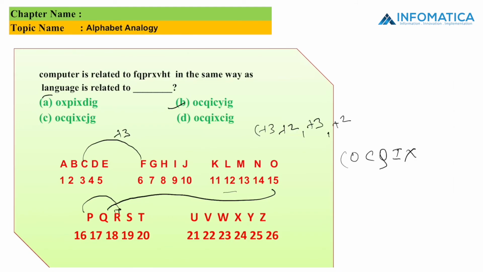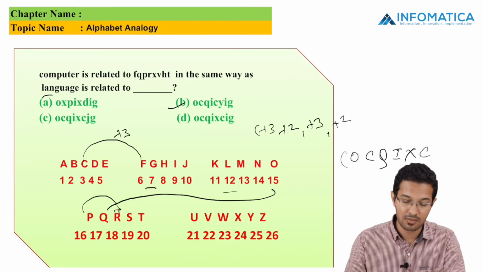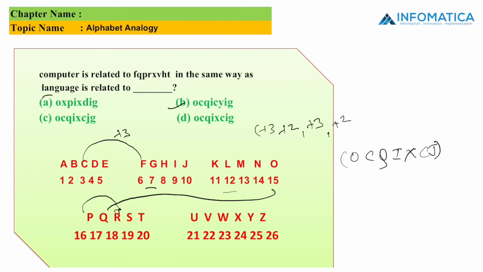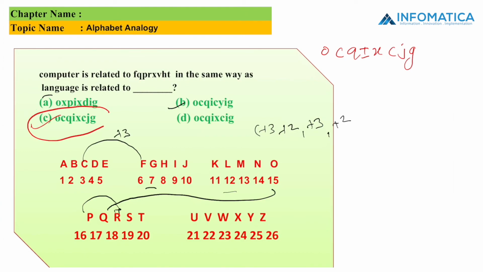Now if I add plus 2 to A, I'll be reaching C. If I add plus 3 to G, G is right now here, number 7, and if I add plus 3 to it, I'll be reaching J. And I'm left only with one, which is G. I'll be getting something like O, C, Q, I, X, C, J and G, which is nothing but option C.